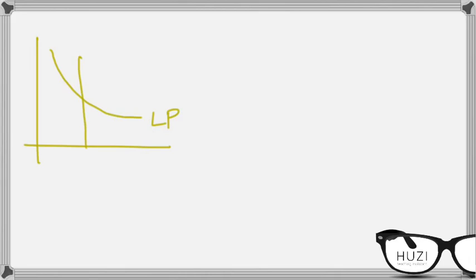Let's quickly draw three curves. So this is one curve. Over here, the LP curve and the money supply. This is quantity of money and this is interest rates.